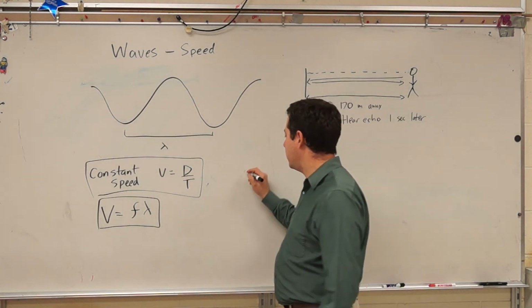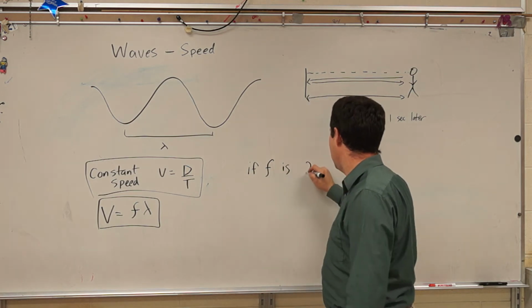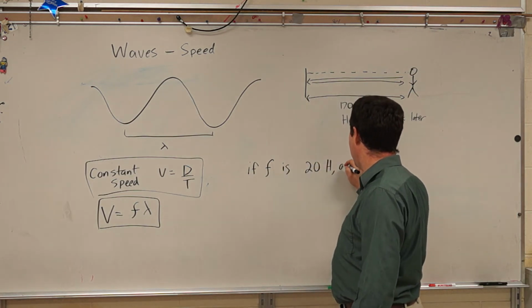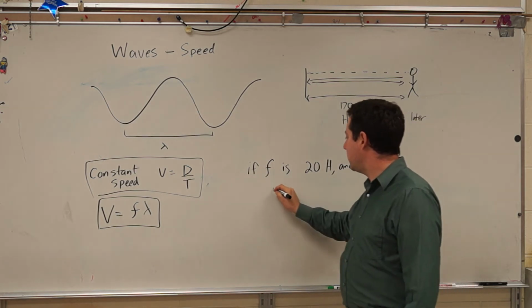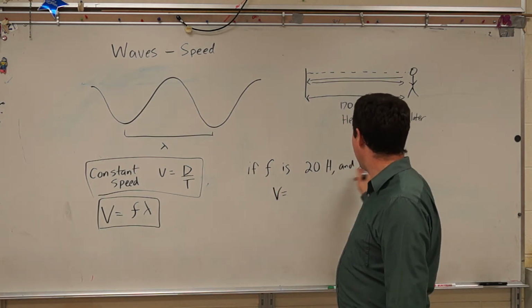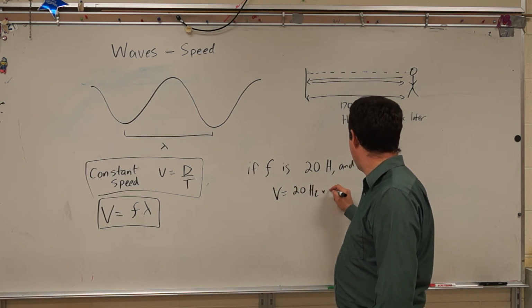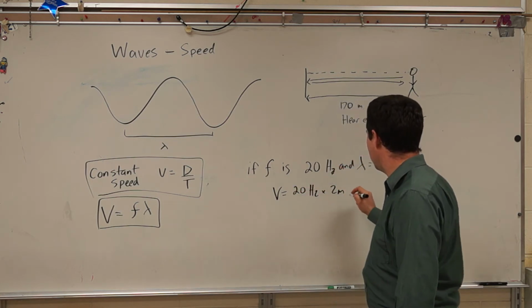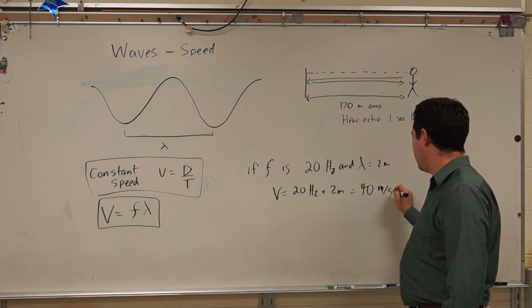If your frequency is, say, 20 hertz, and your wavelength is 2 meters, your speed is frequency times wavelength, 20 hertz times 2 meters, or 40 meters per second.